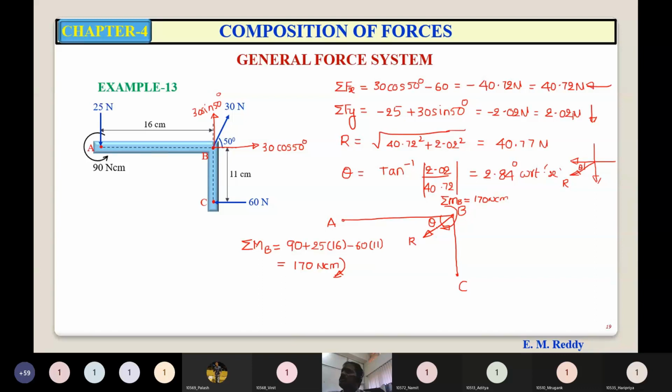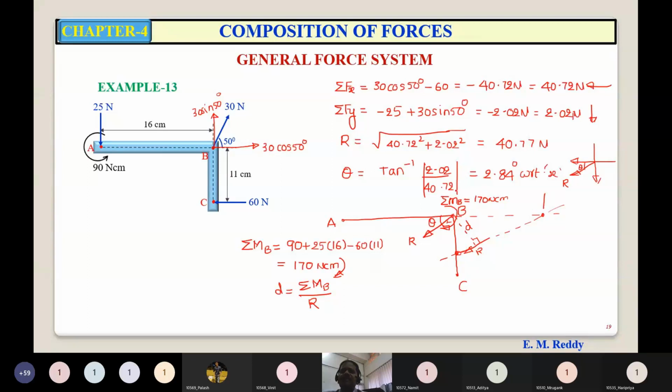Now, when this force and moment are combined, the force will be transferred parallelly through a perpendicular distance D. That D is given by summation MB upon R. But we are not interested in this D. You are asked to find out where the line of action of this resultant intersects line AB and the line BC.